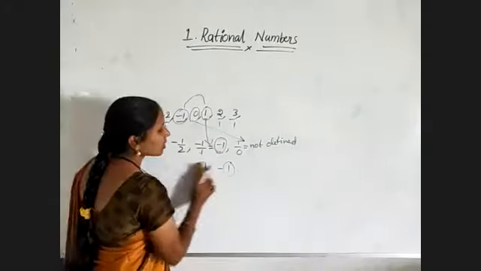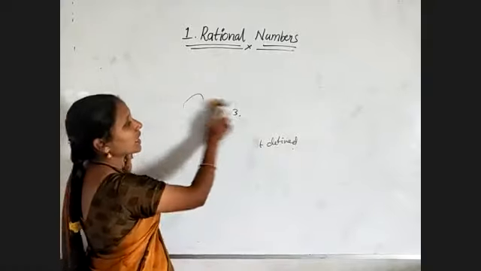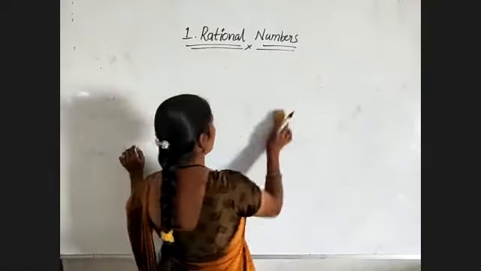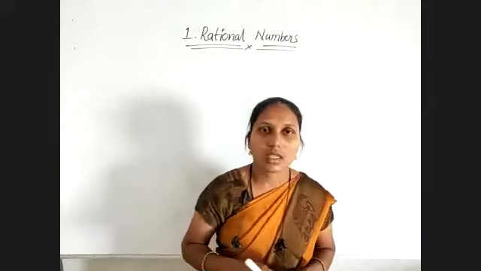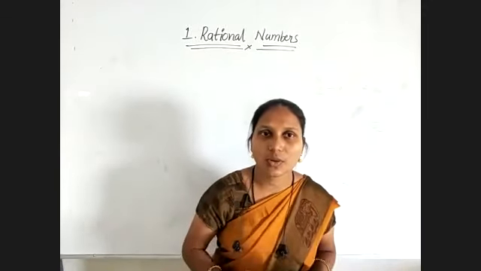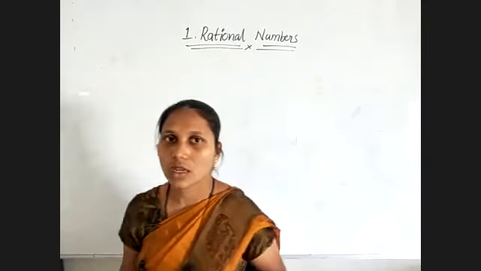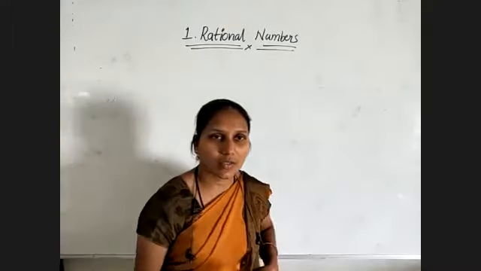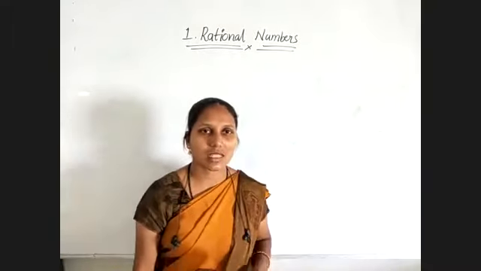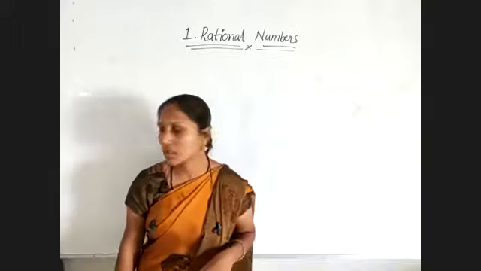So the numbers 1 and minus 1 are their own reciprocals, and the rational number 0 does not have a reciprocal. These are the points to remember, and the natural numbers do not have the additive identity. So these 3 points are important for you.